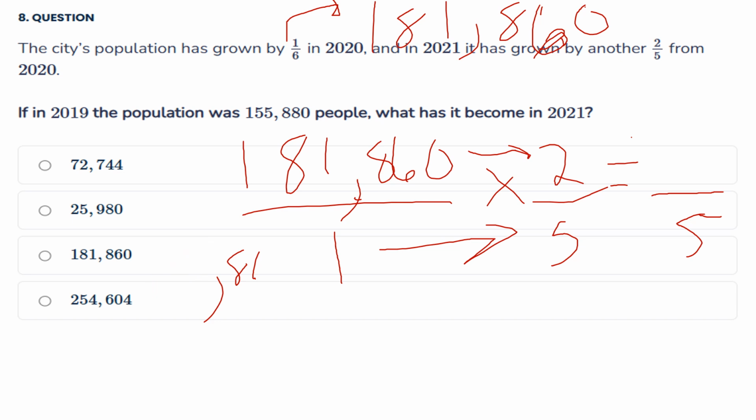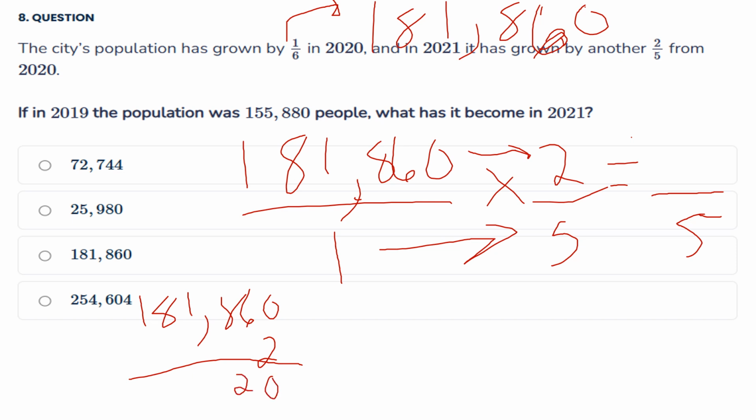Actually, that's going to look messy. 181,860 times 2. 2 times 0 is 0. 2 times 6 is 12. 2 times 8 is 16, plus 1 is 17. 2 times 1 is 2, plus 1 is 3. 2 times 8 is 16.